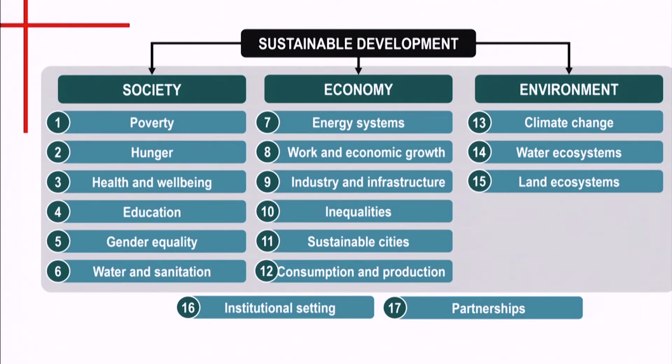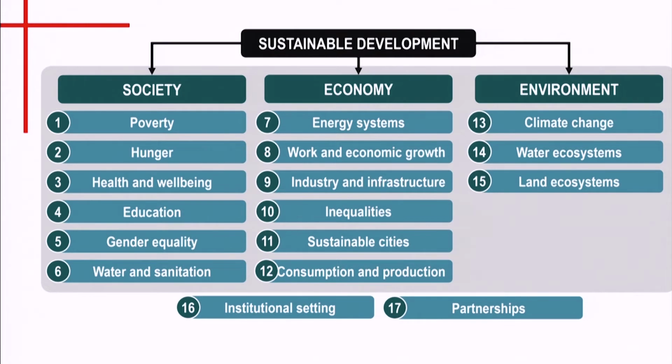Under society, we can take SDG 1 which is poverty, SDG 2 which is hunger, health and well-being, education, gender equality, water and sanitation. Similarly, under economy, we can take SDG 7, 8, 9, 10, 11, 12, that is energy system, work and economic growth, industry and infrastructure, inequalities, sustainable cities, consumption and production.